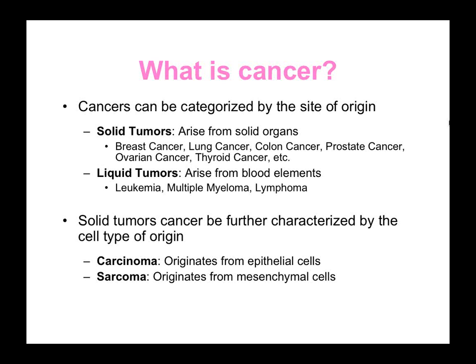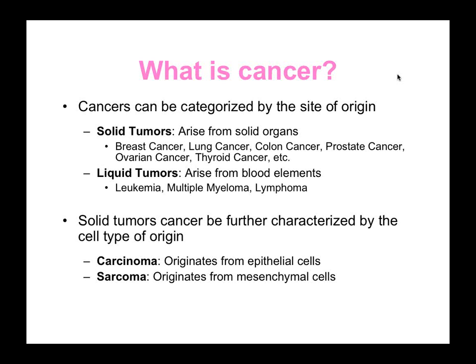Solid tumors are those that arise from the solid organs. The common examples are breast cancer, lung cancer, colon cancer, prostate cancer, ovarian, thyroid, etc. So all of the solid organs in the body are described as solid tumors.